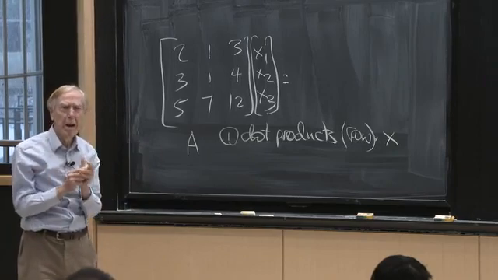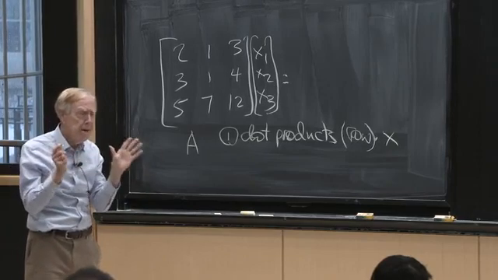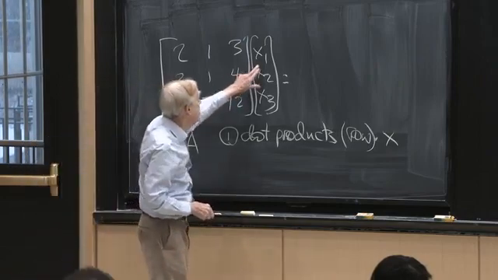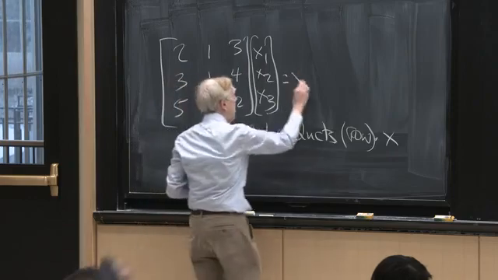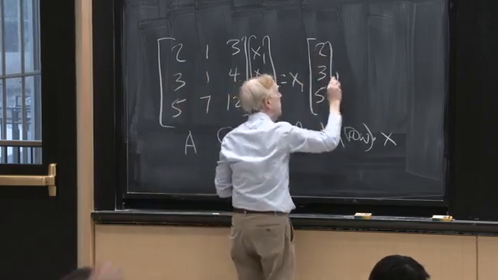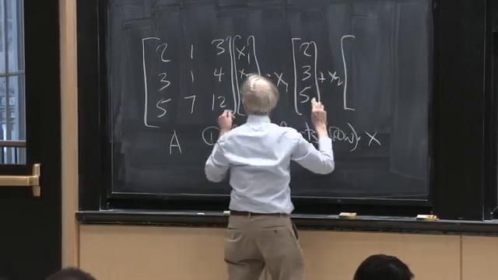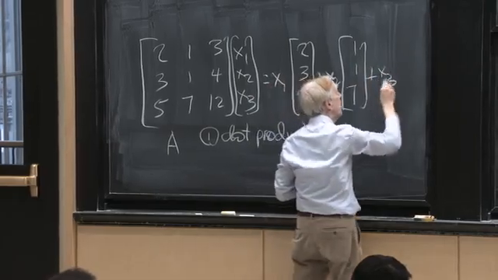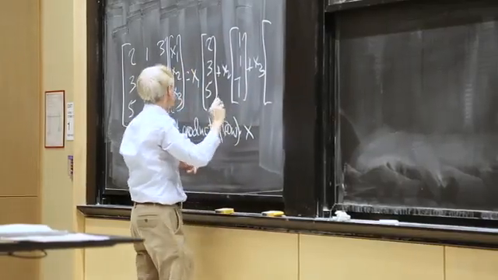That's the low-level way. The good way to see it is vector-wise. See this as x1 multiplies that first column, x2 times the second column, 1, 1, 7, and x3 times the third column, 3, 4, 12.